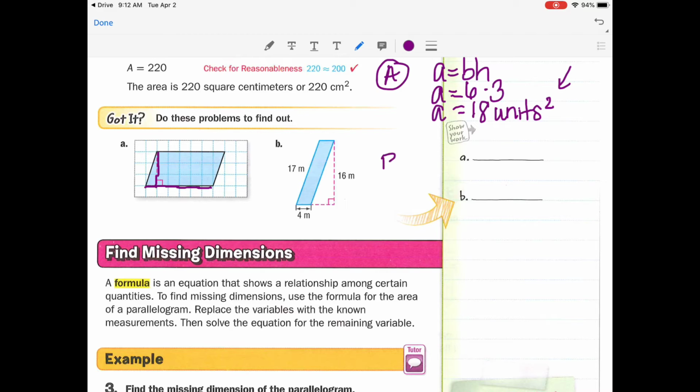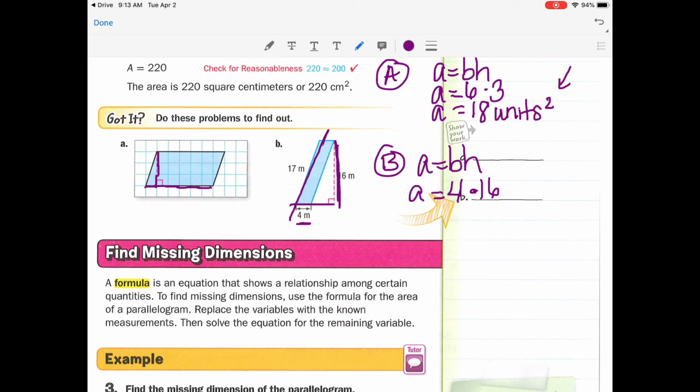All right, let's take a look at B. Since we're finding the area of a parallelogram, we have to write the formula. A equals base times height. Okay, so here is my base, and notice that my base is 4. So A equals 4 times, and then look at my height. It's got to be the one that's perpendicular, which is 16. Why is 17 not perpendicular?